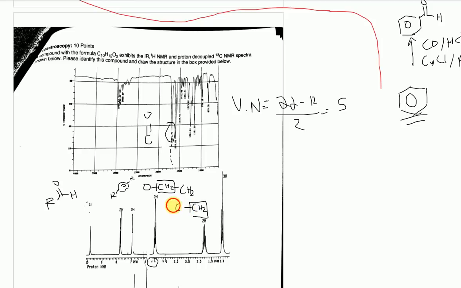Connected to a CH3. So 4 peaks minus 1, that's 3, is a CH3. Box it, next to 1, 2, 3, minus 1. So there's a CH3 next to a CH2. These likely correlate with each other. Okay, and this over here is likely, right?